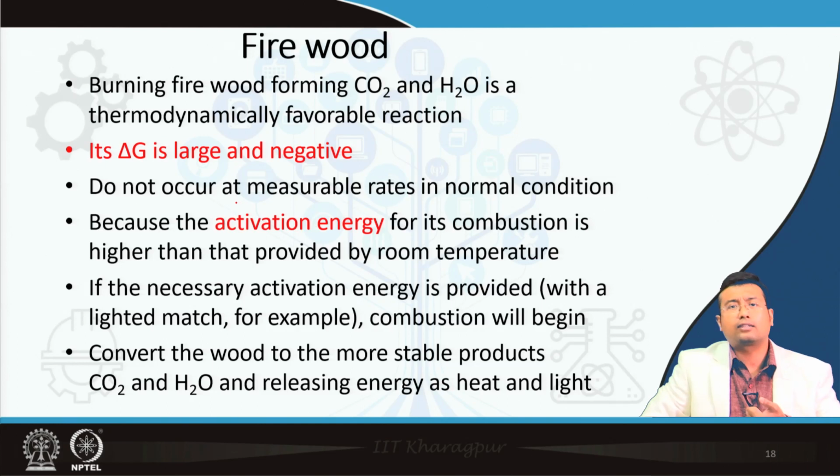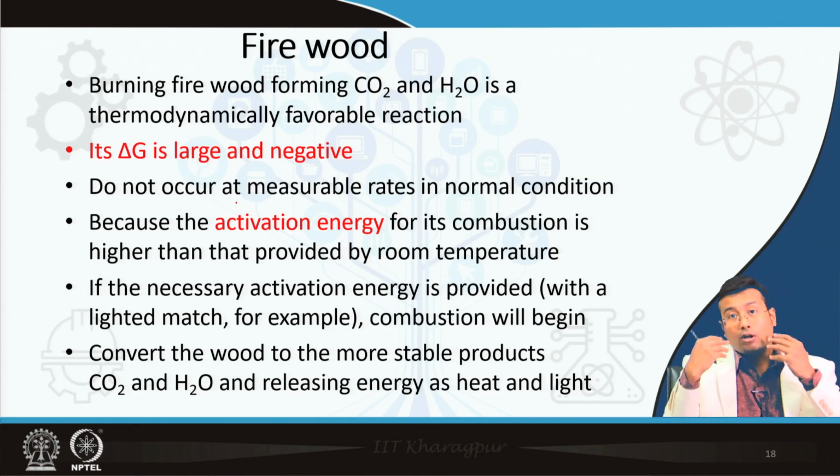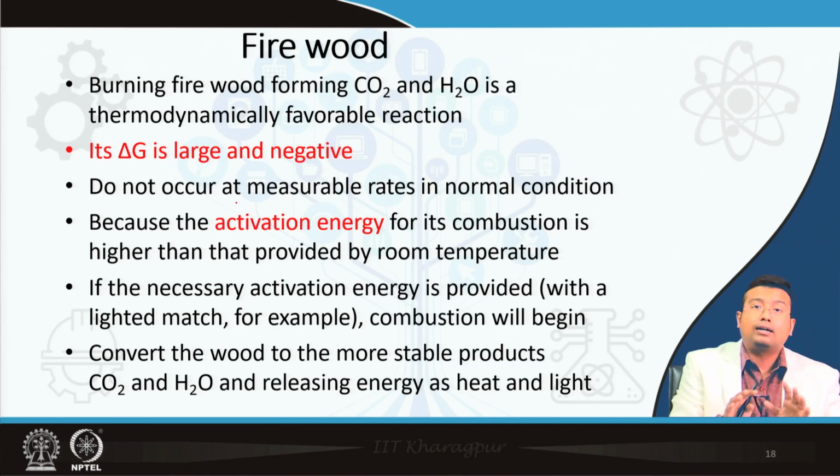The normal reaction we already know: when wood burns, it gets converted to carbon dioxide and water vapor, because wood is a form of carbon. The delta G change is large and negative, meaning once started, wood will always continue to burn till the whole reaction is completed. It is an exergonic, highly spontaneous reaction.